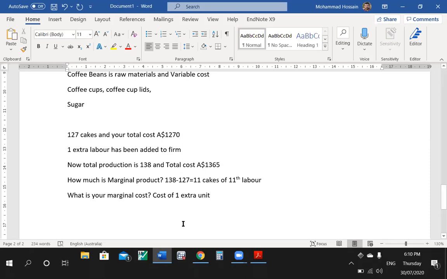That time, you will have to find out the change in total production. How many cakes did he produce? 11 cakes.